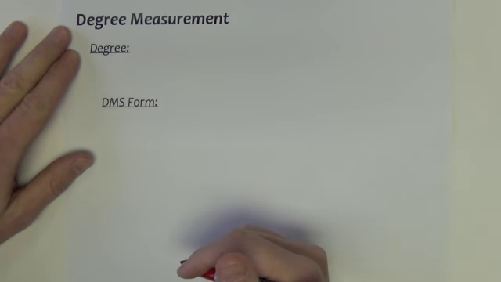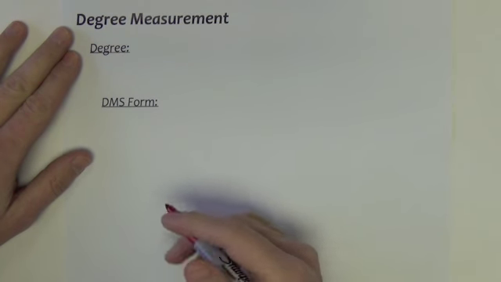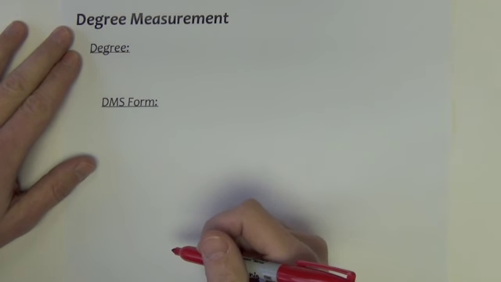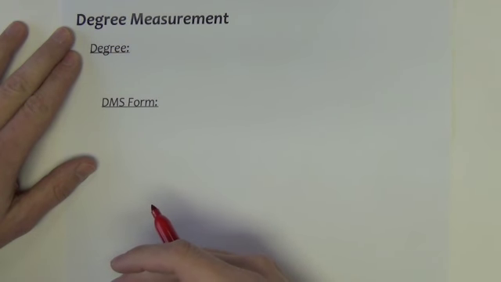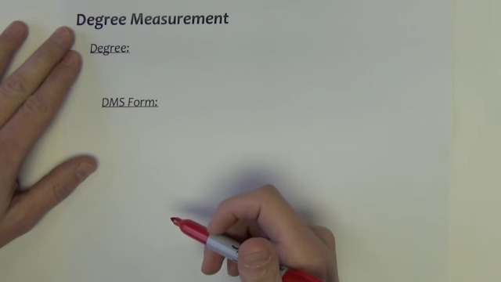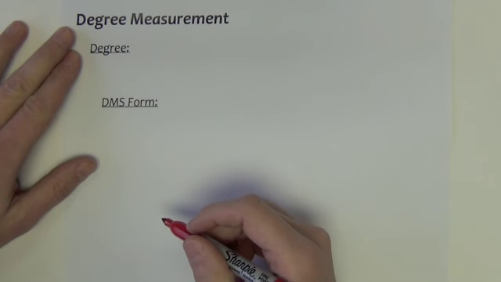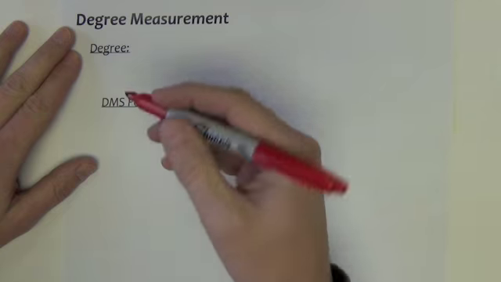Degree measurement, it's the one you're most familiar with from your years in math up to now. You're familiar with definitions of acute angles, obtuse angles, right angles, and all those definitions center on how many degrees the angle measures.